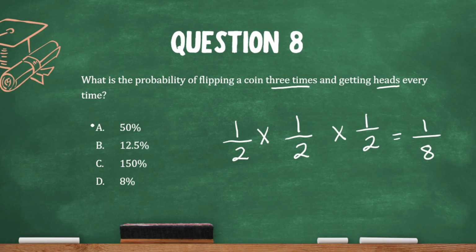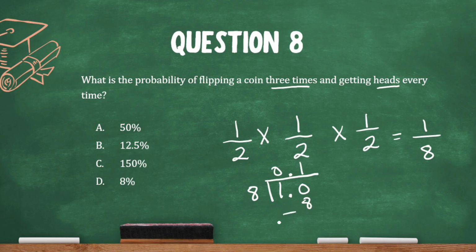And look at all of our answer choices, they're in percents. So we could go ahead and convert that to a percent. You could go ahead and do 1 divided by 8 in your calculator, or you could do it by hand. 1 divided by 8, 8 goes into 1 0 times. I'll put a decimal here and carry it up. Add a 0. 8 goes into 10 1 time.